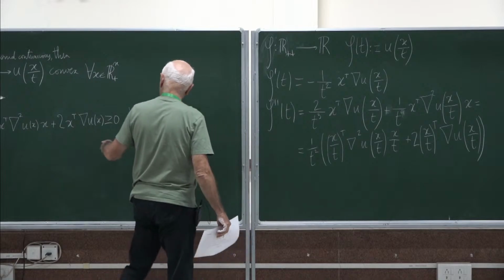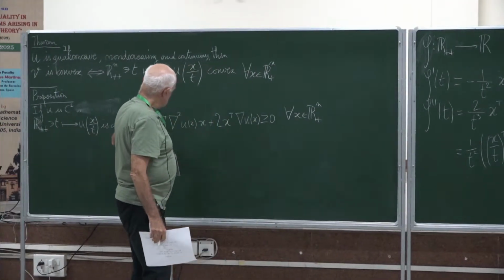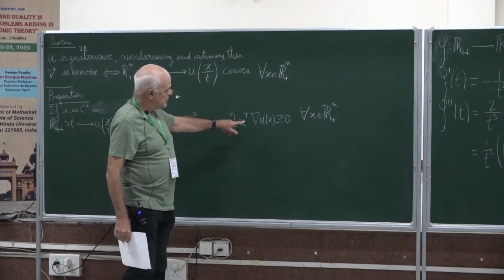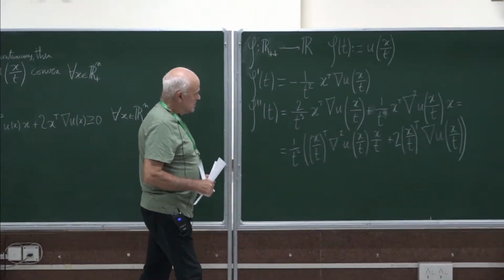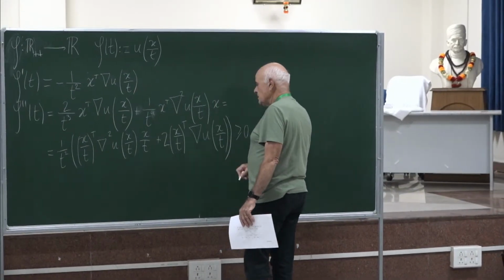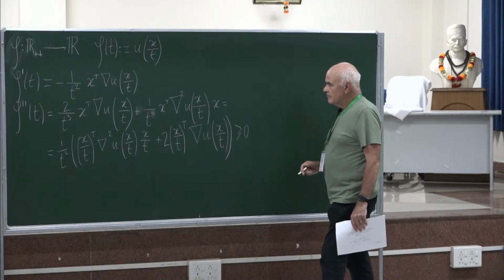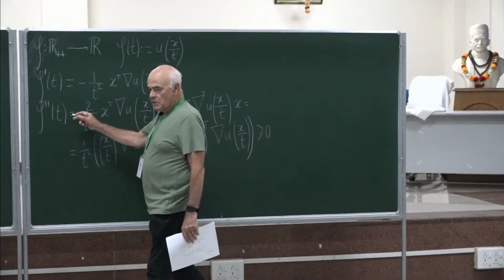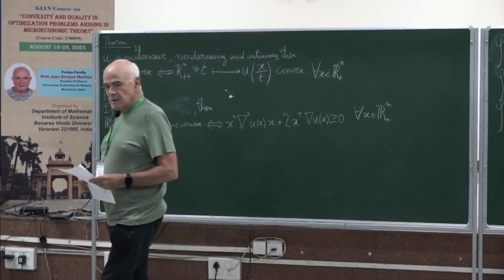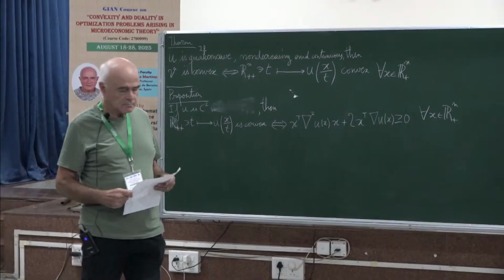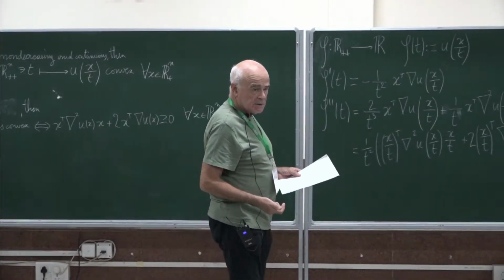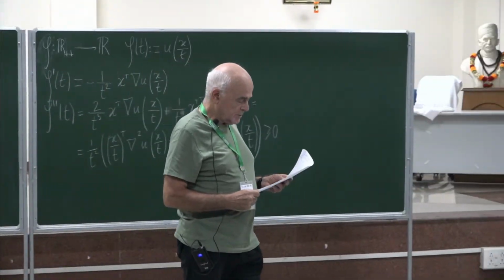So for x over t, when you replace here x with x over t, then this expression becomes non-negative, and this is true for every t. So the second derivative of phi is non-negative everywhere, which means that phi is convex. Okay? Is this clear? It's just computing second derivatives.